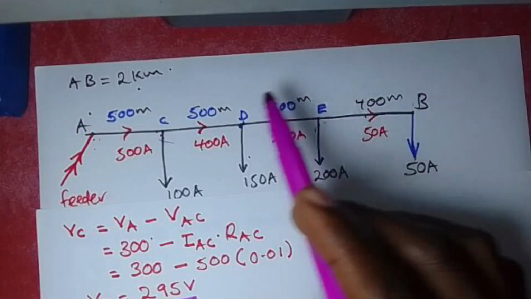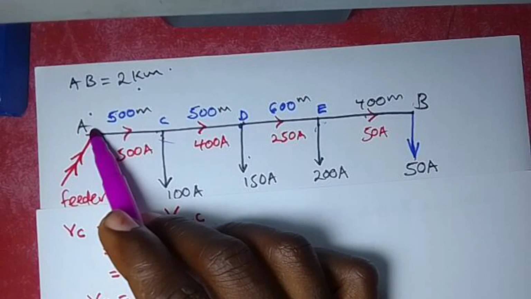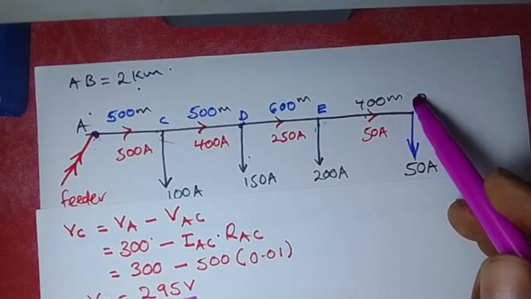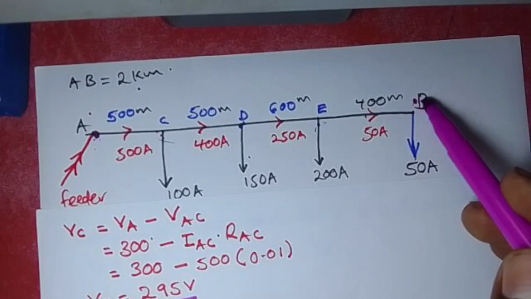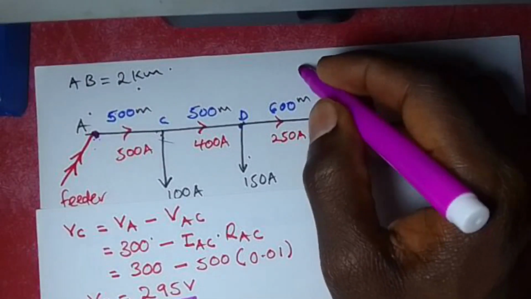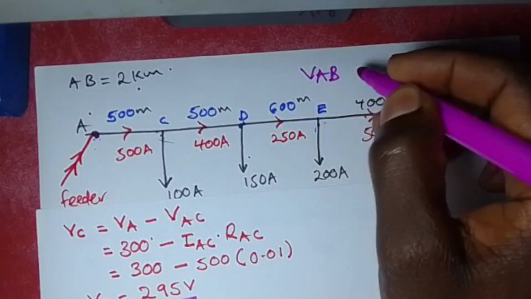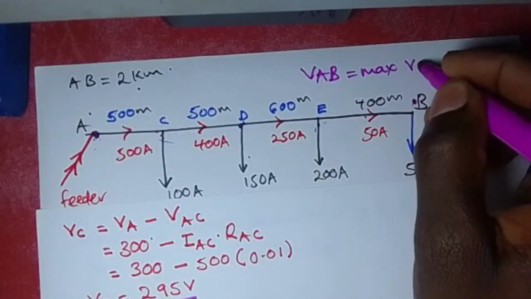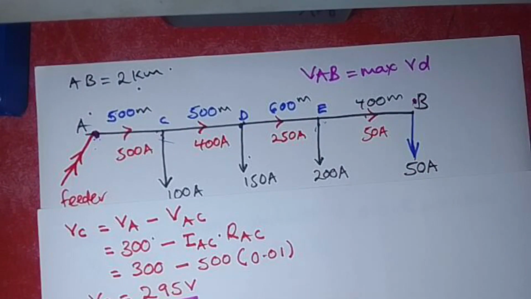It is always from the point of maximum potential, which is usually the supply, to the point of minimum potential, which is usually what we have calculated here. So VAB is the maximum voltage drop.